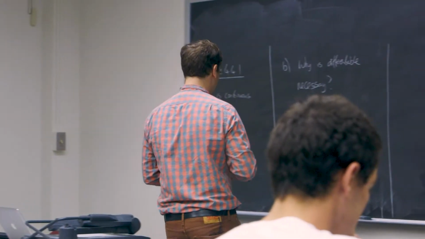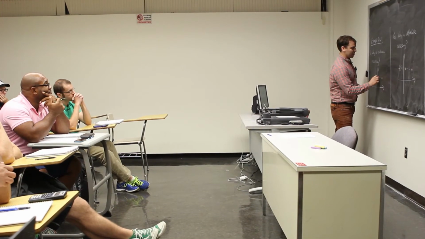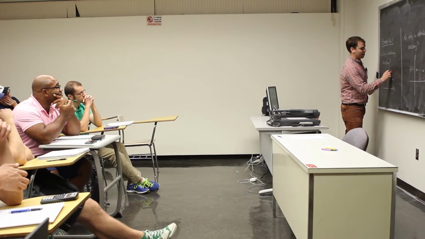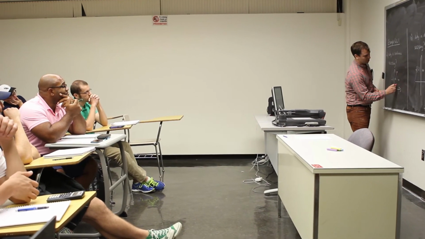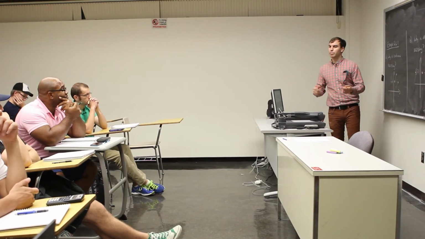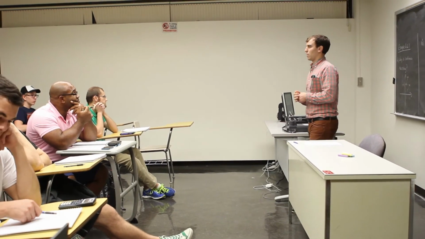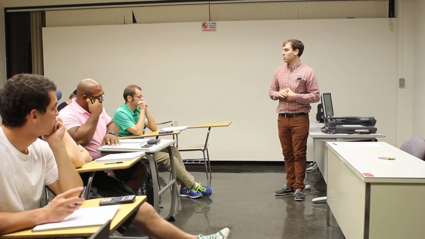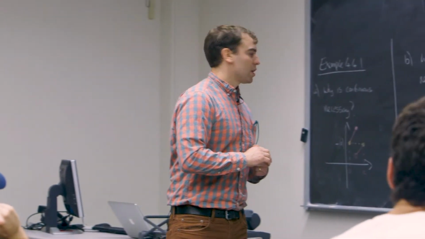I could do something really messy, like go there and then go here. That's a piecewise defined function. And is there a point on that graph with slope 0? No.